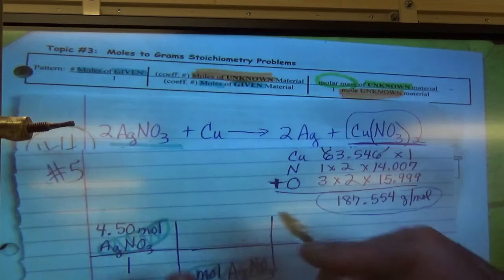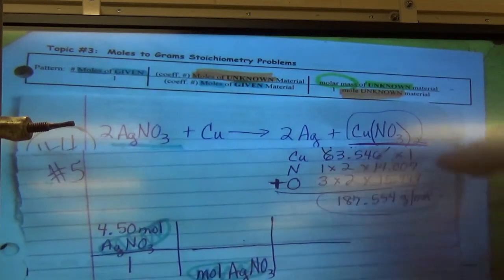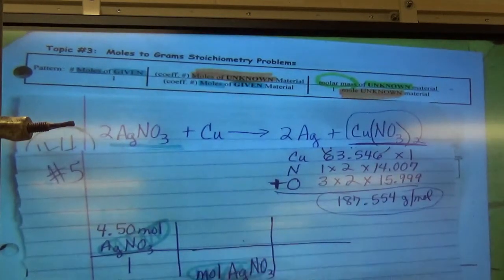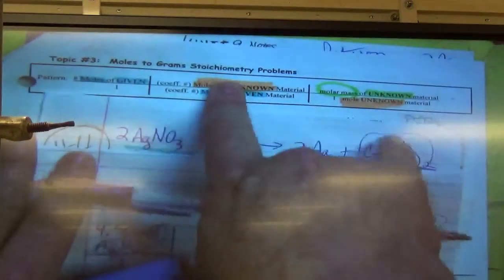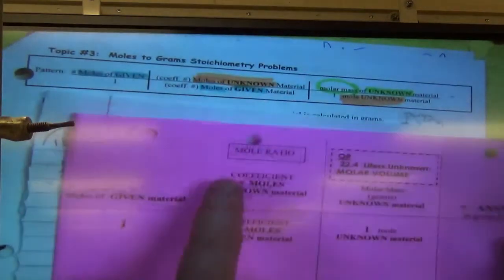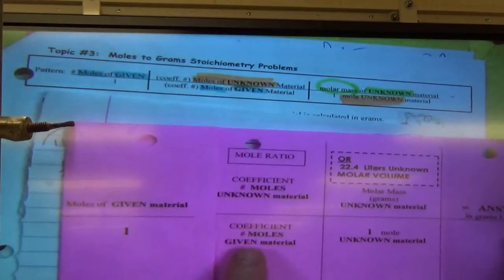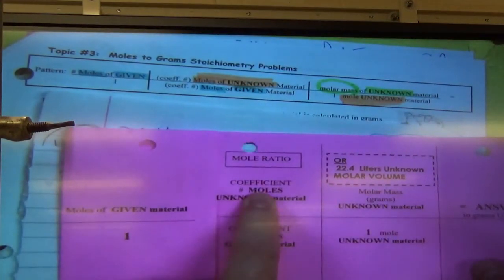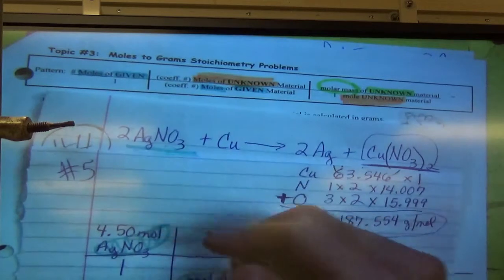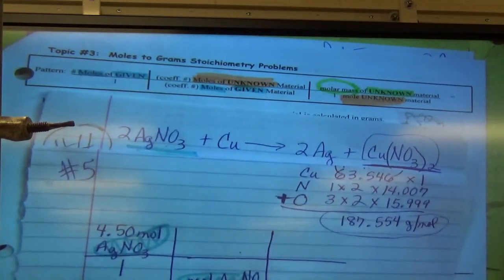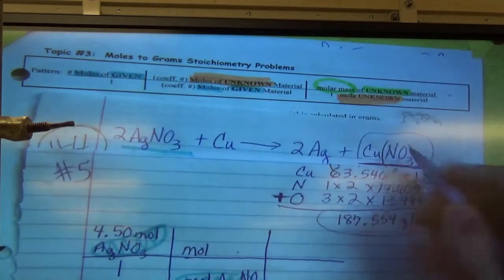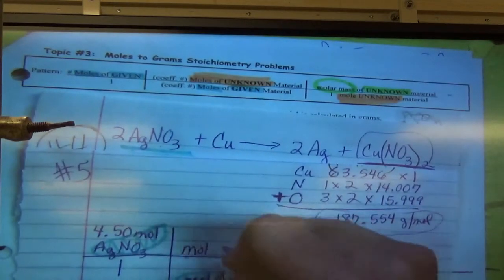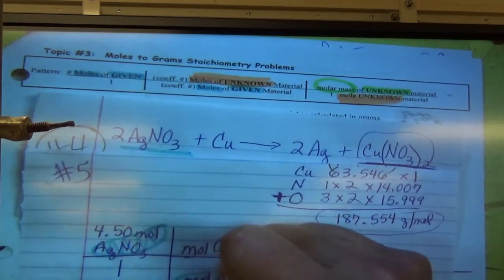So, okay, on the top, okay, remember this is the mole ratio. Moles is in the bottom for the first time. Or you can see on the pattern in the foldable that mole ratio is what we're doing right now. We have moles again on bottom. So now we'll do moles of the unknown on top. And the unknown is, remember, it's copper nitrate. Actually, it's copper 2 nitrate, if you want me to say the name correctly.